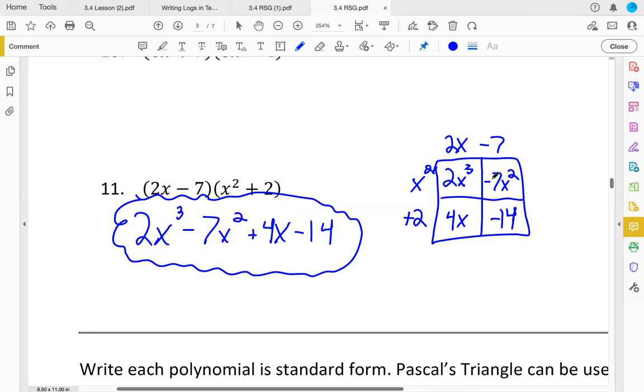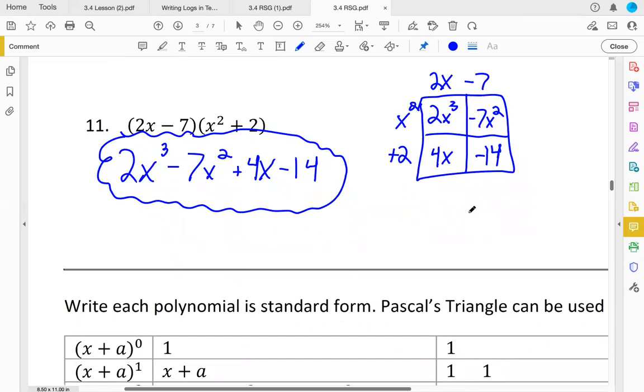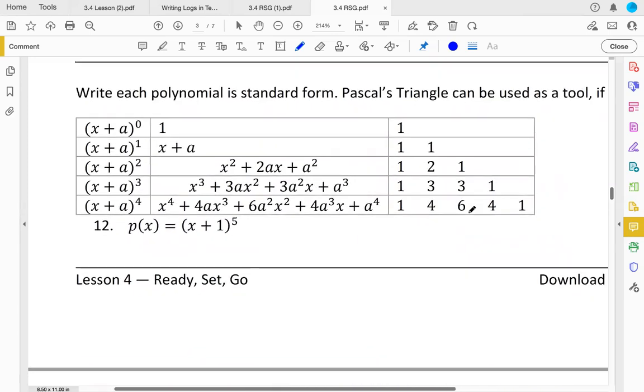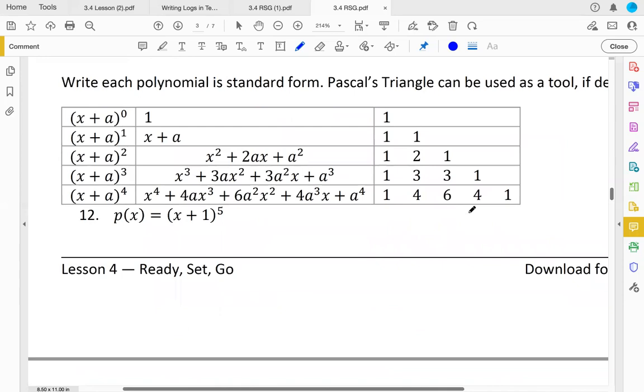So previously I said that this little diagonal funnel is something to look into, but it only works if the terms are common. We have been introduced to this in the classwork. We have the triangle here we can use. Although this is going to the 5th power, we can easily sketch out what that's going to look like.